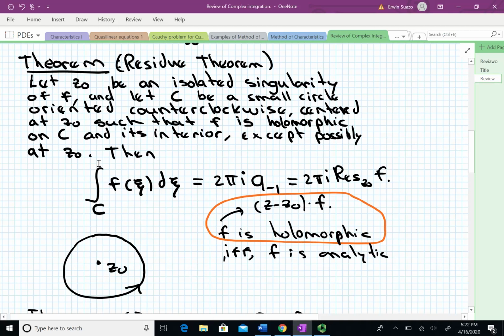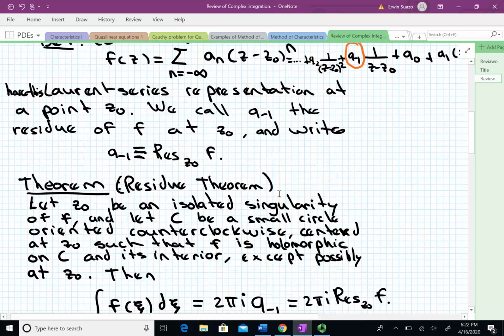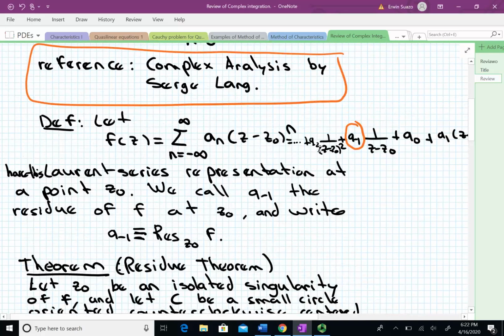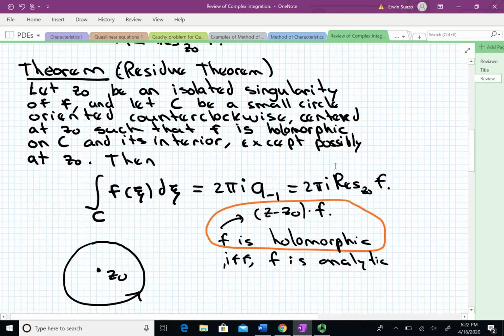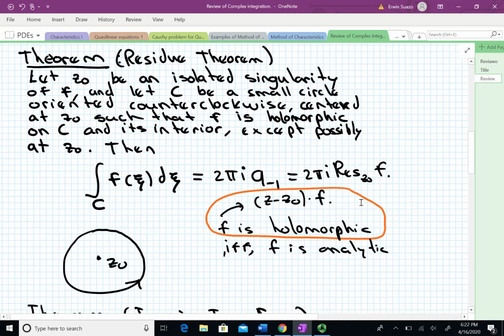So what it says here is that the integral of the function around the curve equals 2 pi i times a minus 1, the a minus 1 we were talking about in the Laurent series representation. We just said we will use this funny notation, residue. And what does holomorphic mean? f is holomorphic only if f is analytic, that's true.